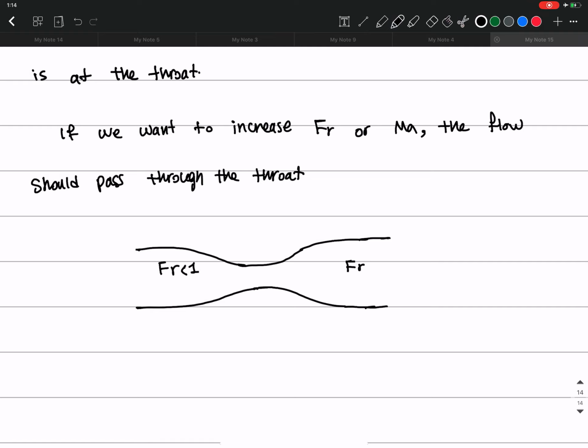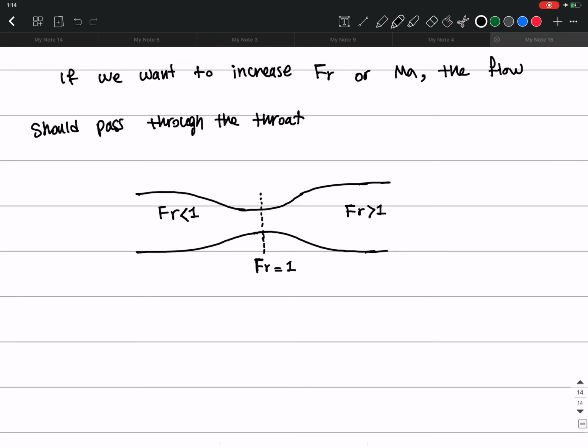And here we want to increase it to a supercritical flow. So we want to suddenly make a subcritical flow into a supercritical flow. This has to go through this throat. So here at the throat, this is only possible if this passes through the throat, where Froude number at the throat becomes 1. So we can design a flow such that we can change a flow from subcritical to supercritical.